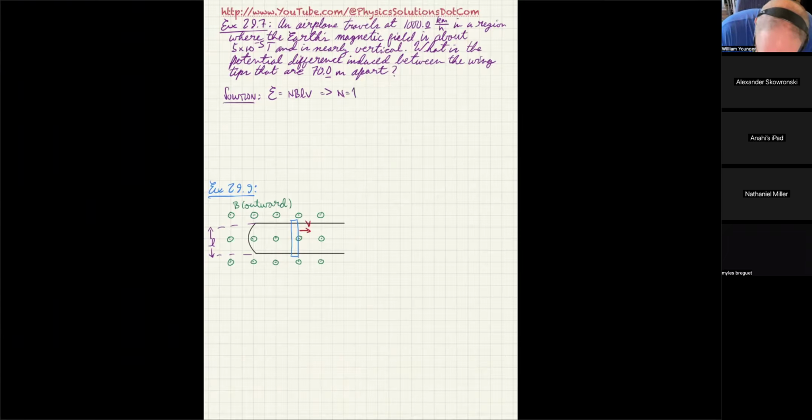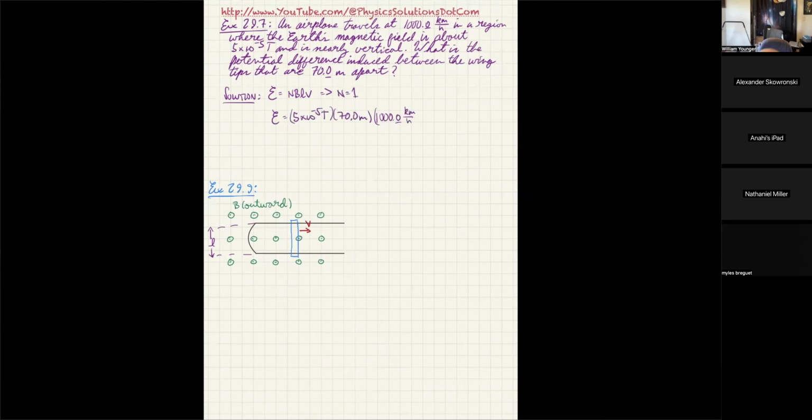So for this case, N is equal to 1, but we can say E is equal to 5 times 10 to the negative fifth Tesla, that's the magnetic field strength, times the actual L, which is 70.0 meters, times the velocity, which is 1,000 kilometers per hour.